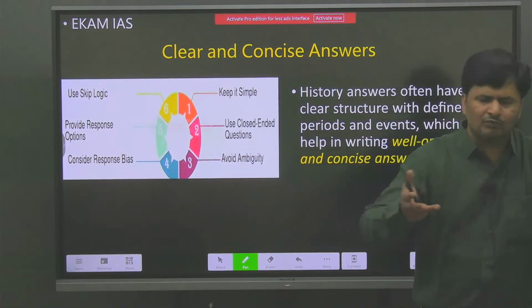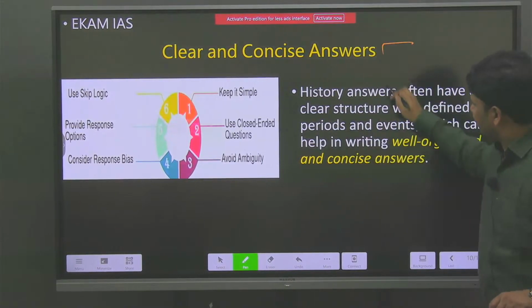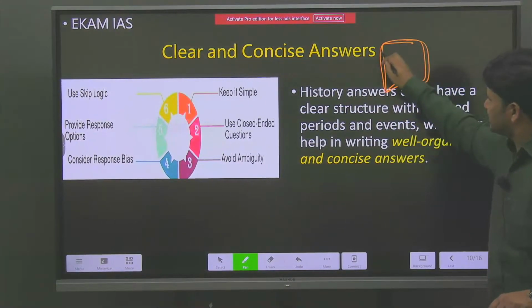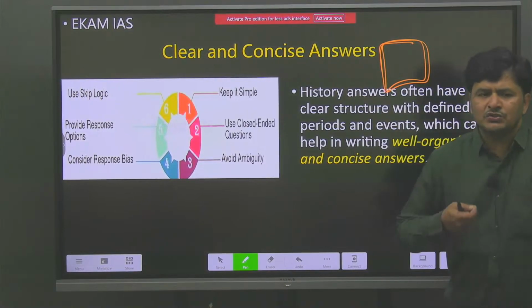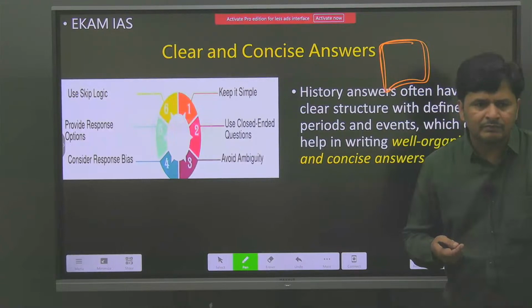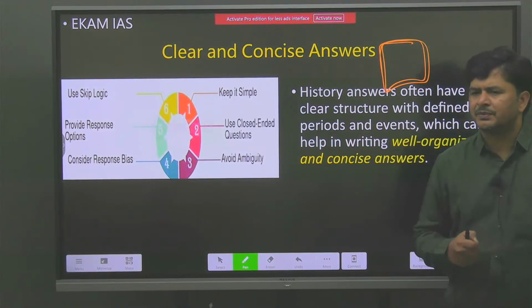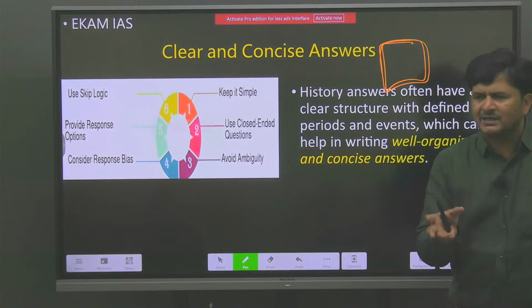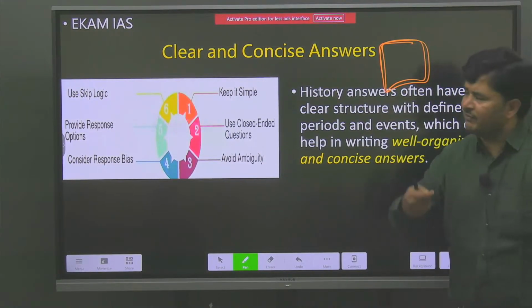Be concise, clear, and only the concepts need to be understood. Reason being, there is no scope for connecting with other subjects. Static subject, static content, same points can be dumped, and we have a lot of content.